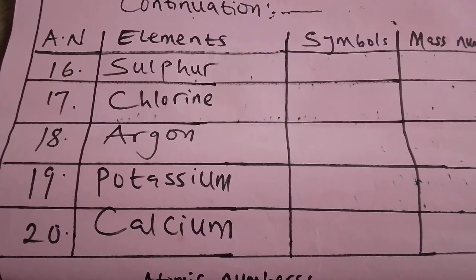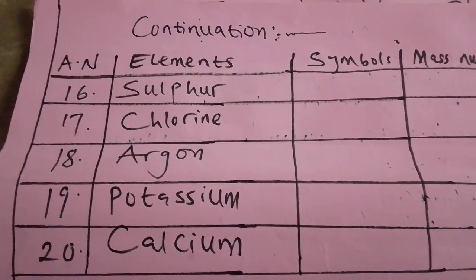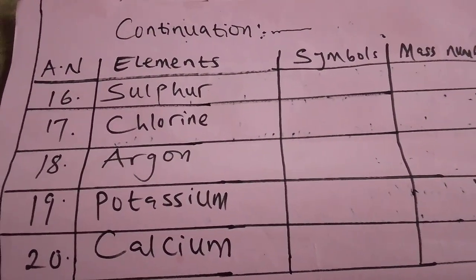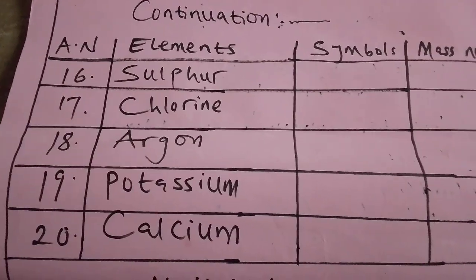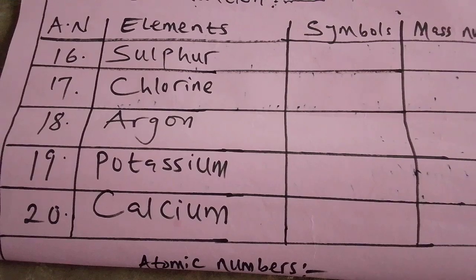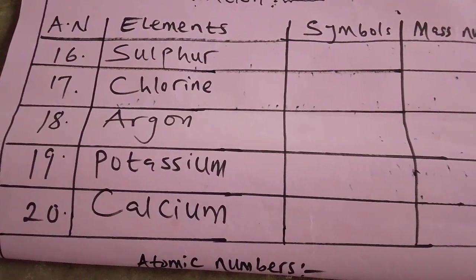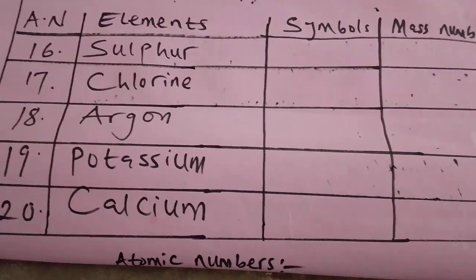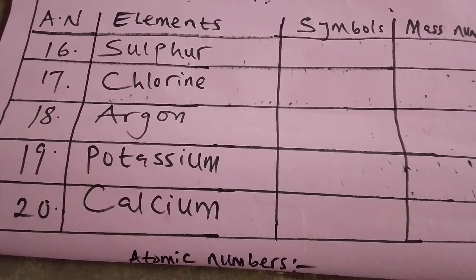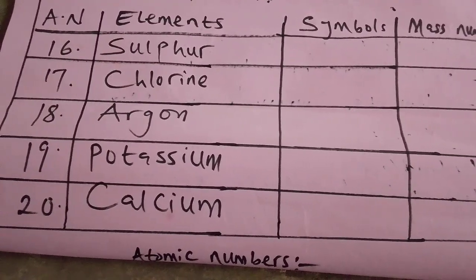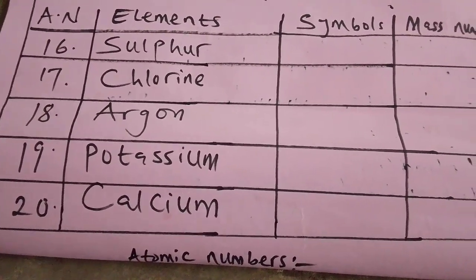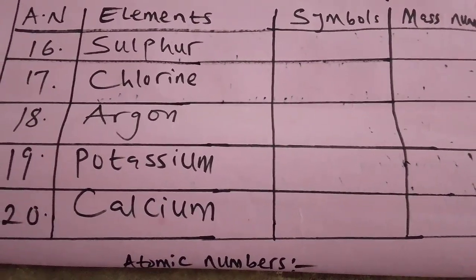Before that, for symbols, there are some exceptional elements whose symbol is not from their names, and there are some whose symbol is from the name written, like for example sulfur. And there are some elements whose symbol is not from the first letter of their name or the first 2 letters of their name, rather from the middle or something like that. As the case may be, you are going to see.